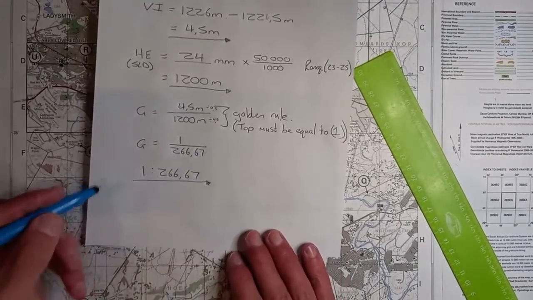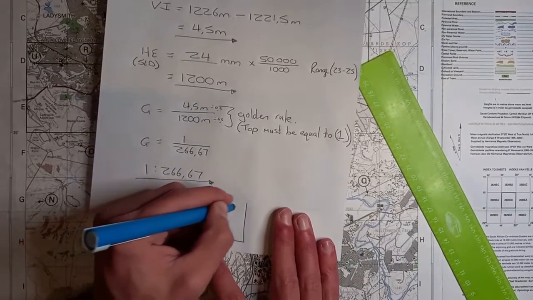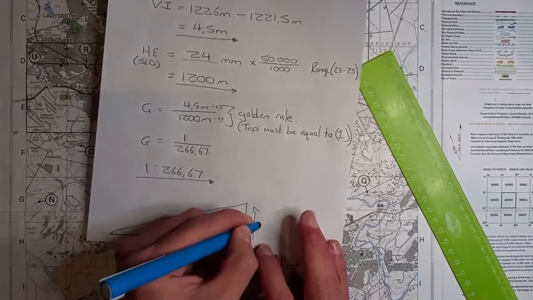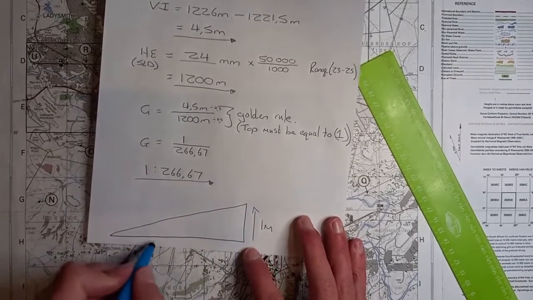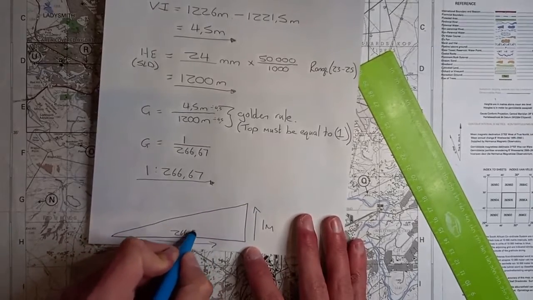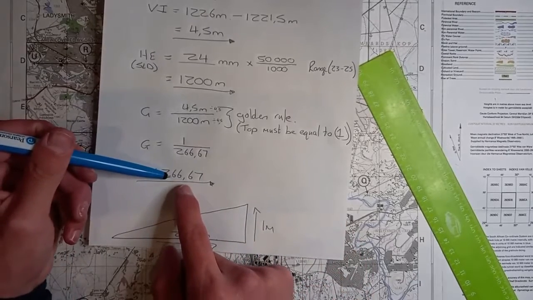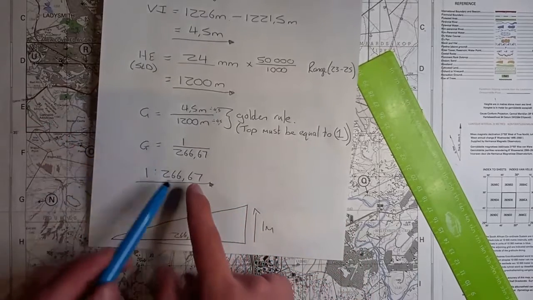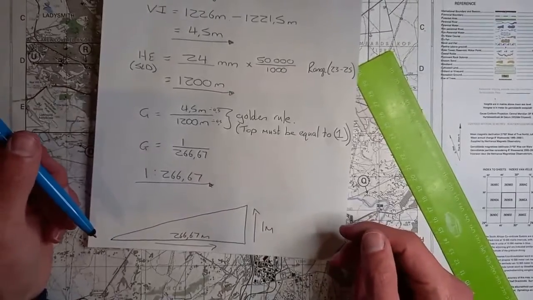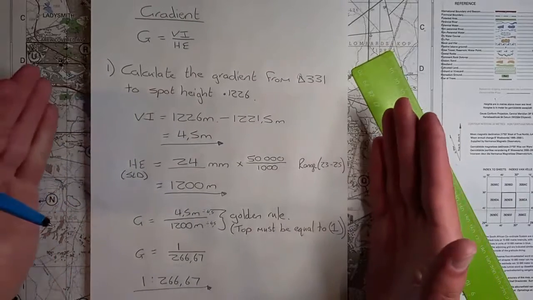So this essentially states, if this is my slope, in order to go up by 1 meter, I have to go across by 266.67 meters. Remember, the bigger this number, the gentler the gradient. The smaller this number, the steeper the gradient. And that is how we calculate gradient.